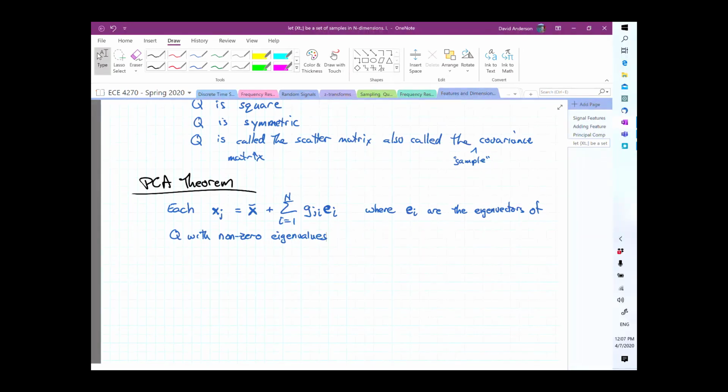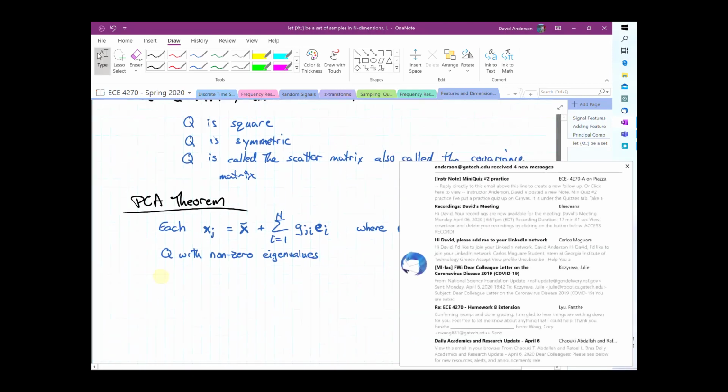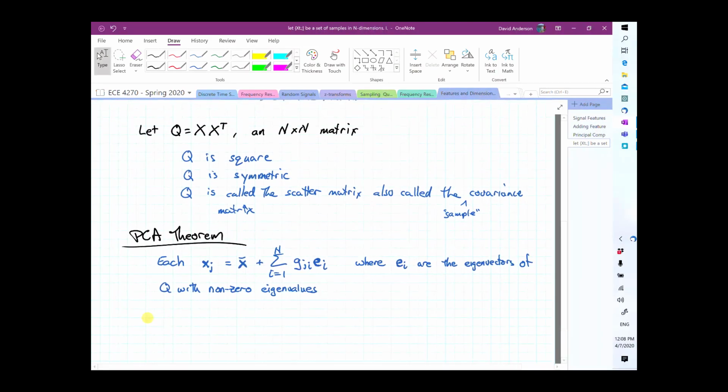Okay, so let's consider this. First off, if we have all these non-zero eigenvectors, and Q is N by N, and the dimension of x is N, capital N, I maybe should have used another variable, then it would be clear that these eigenvectors of a square symmetric matrix would span the full N-dimensional space.